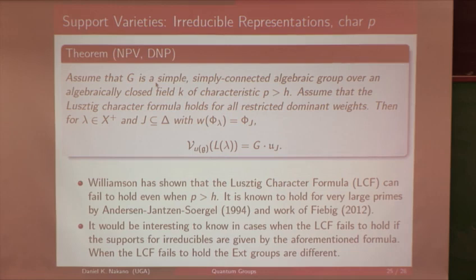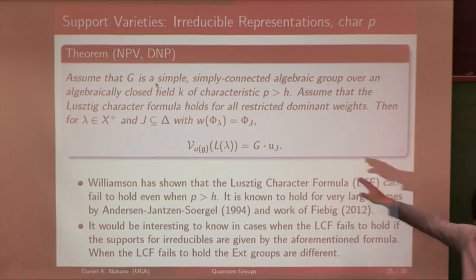Now, what would be really interesting is if this theorem failed, even for p bigger than h. So it would be interesting to know, when the Lusztig character formula fails, whether the support varieties of irreducibles are actually given by this formula or not. Now, the interesting thing is that the X are going to be different.